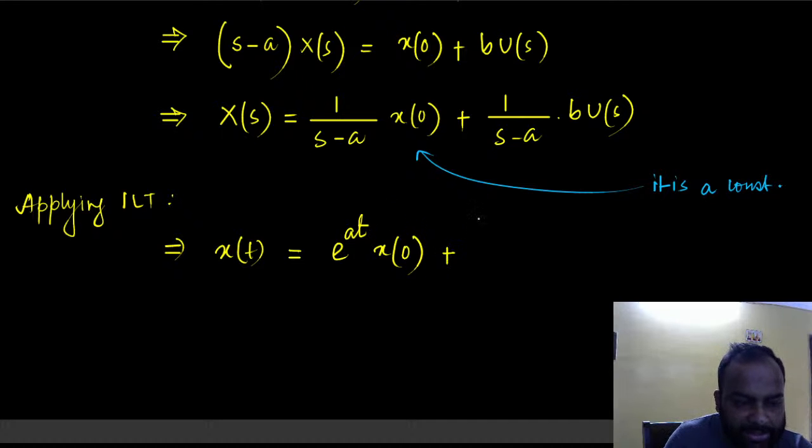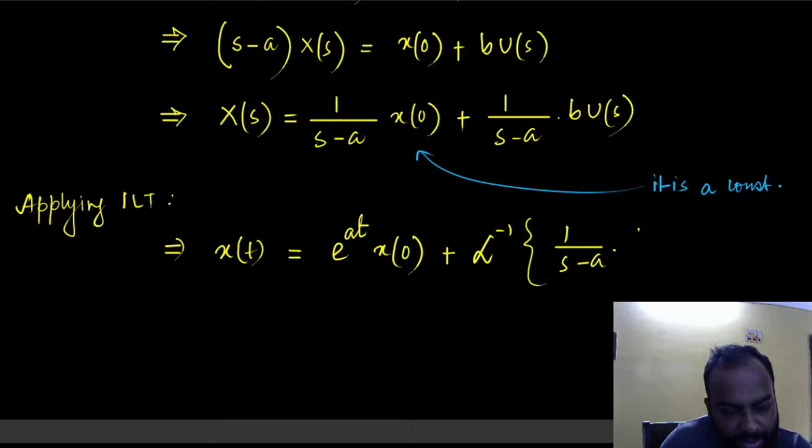And plus, now I have to take the inverse Laplace transform of this 1 by s minus a times b times u(s).